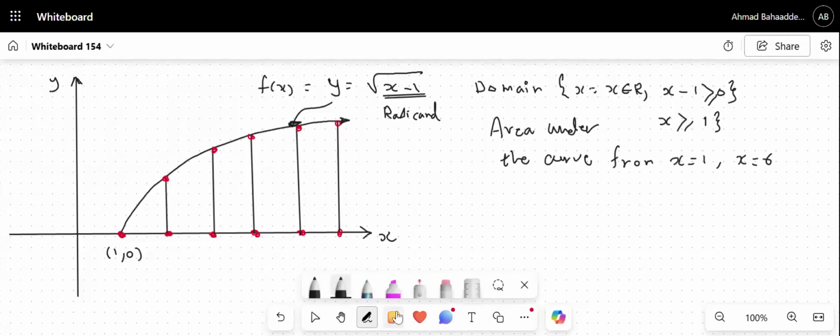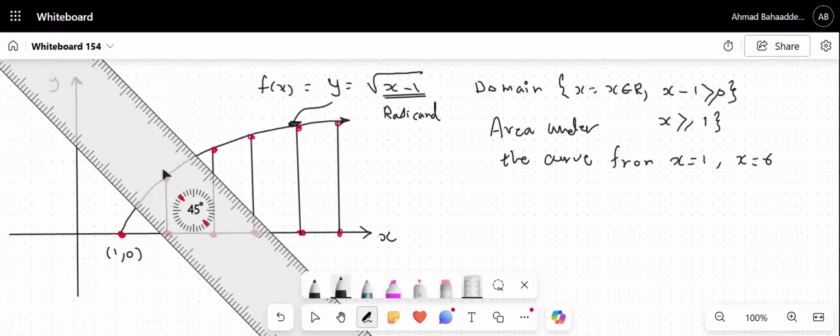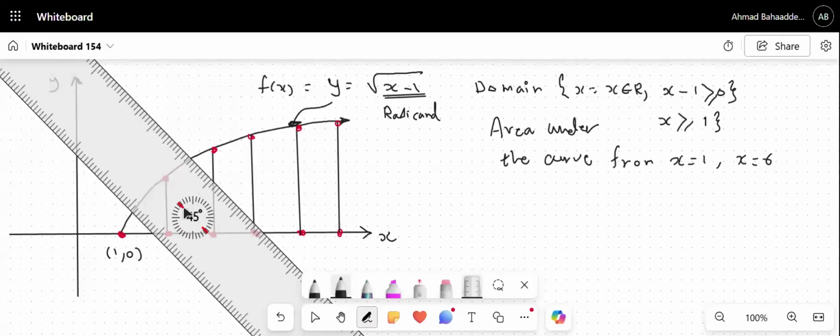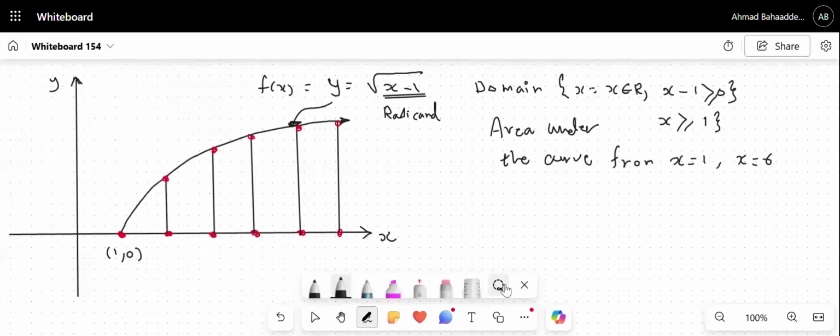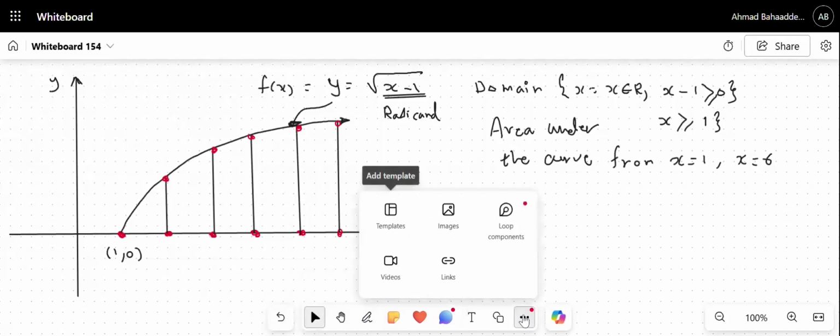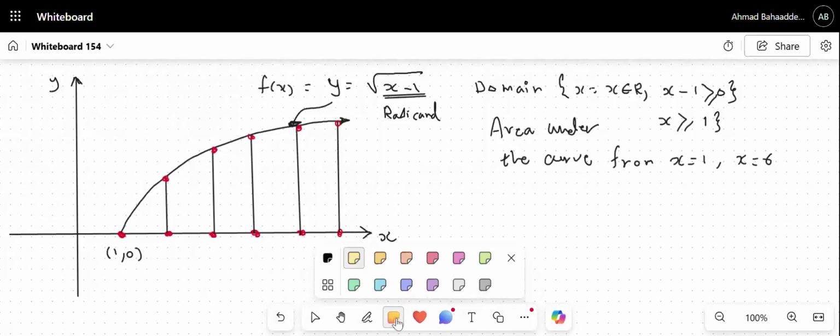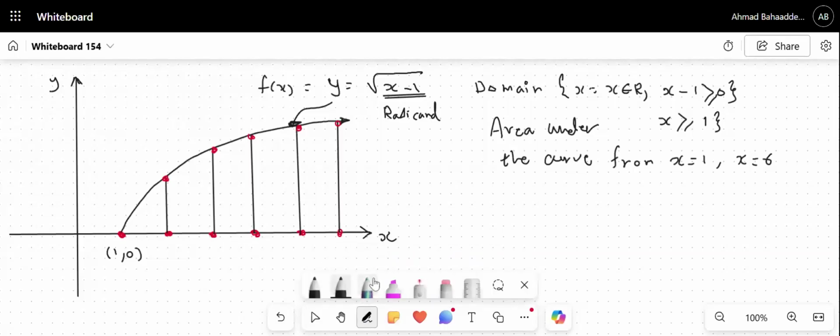There is a ruler here, guys. I don't want to use the ruler, but I want to use exactly a straight line. I'm just trying to see if it's possible to find a straight line here. Otherwise, I will make it on my own.